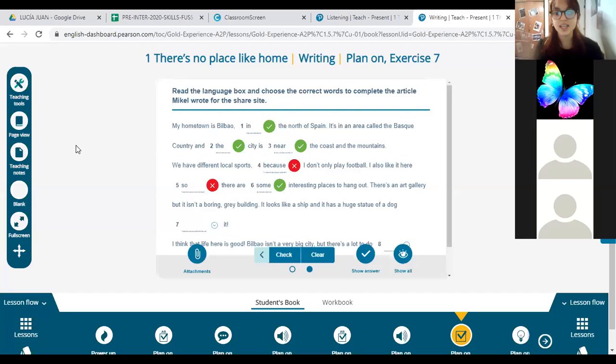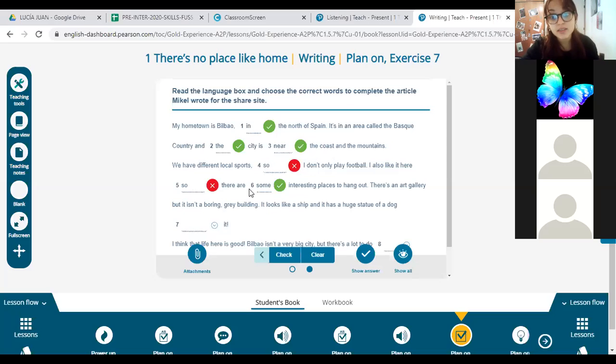¿Qué es consecuencia de qué? Lo voy a hacer en español. Acá hay un problema de qué es consecuencia de qué cosa. ¿Qué viene como consecuencia de qué? Él no puede hacer solo fútbol porque hay varios deportes locales. Entonces, para hablar de results, we use so.